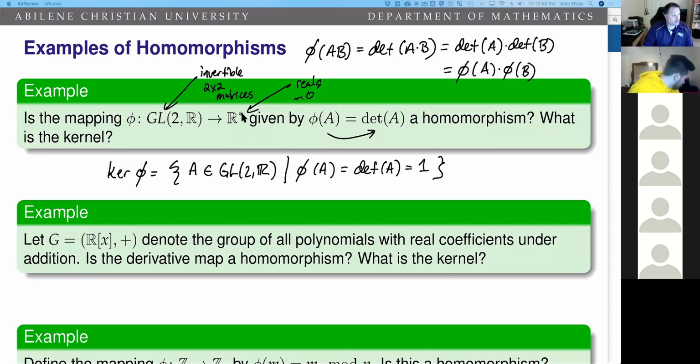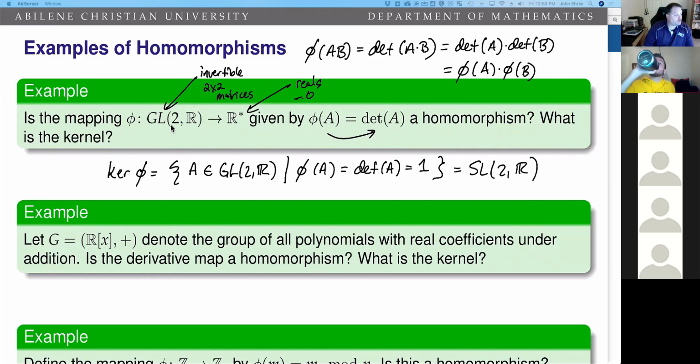So the kernel is everything that gets sent to the identity. These are all matrices whose determinants are 1. We've talked about another group this semester that represents that. What group is that? What group consists of all 2x2 matrices with real entries who have determinant 1? SL2. Yeah, this is SL2R.